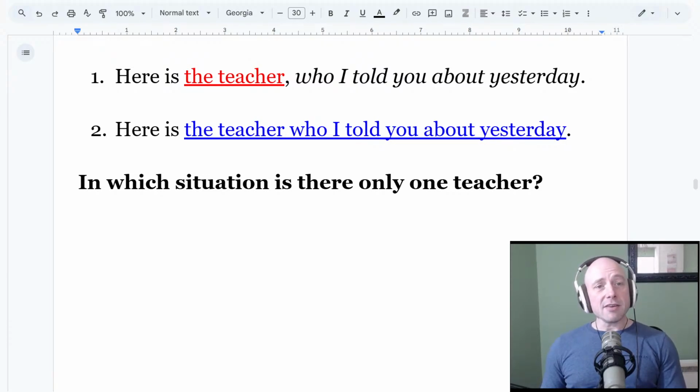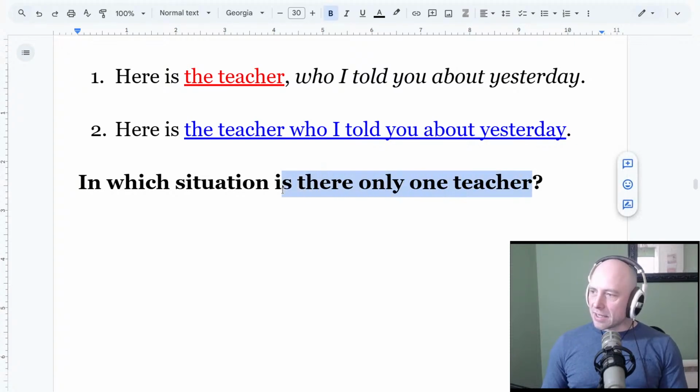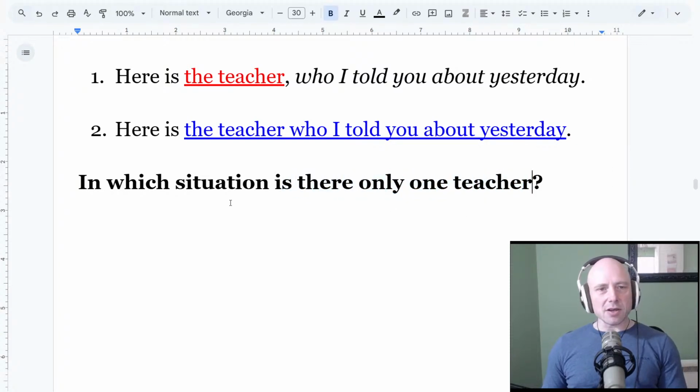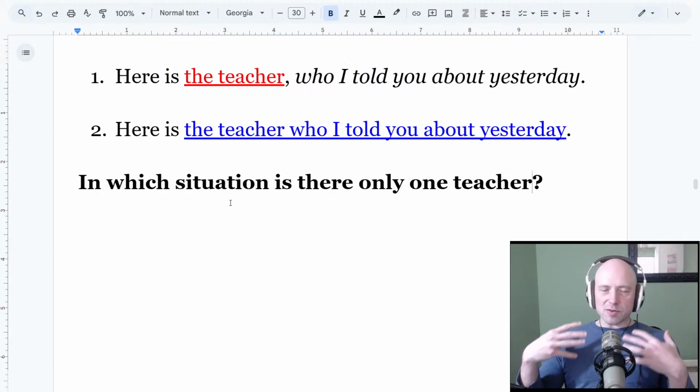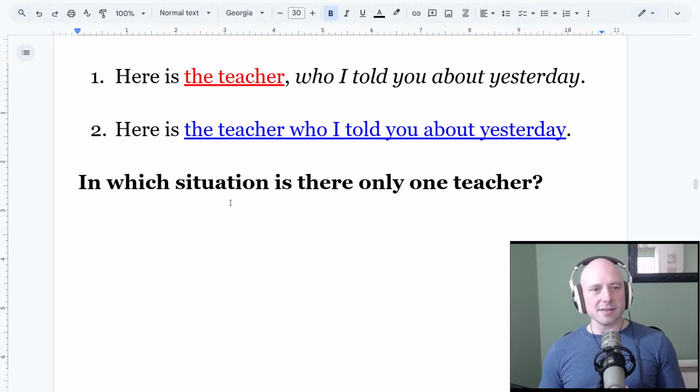So here is the teacher who I told you about yesterday. Here is the teacher who I told you about yesterday. In which situation is there only one teacher? And when I say only one teacher, I mean in the context that's being presented. So in the presented context for these sentences, in which situation is there only one teacher?